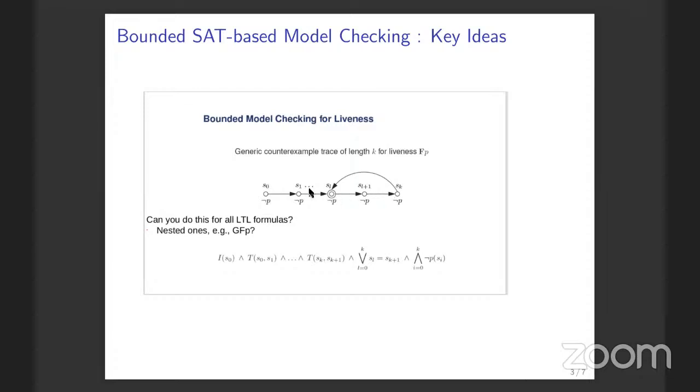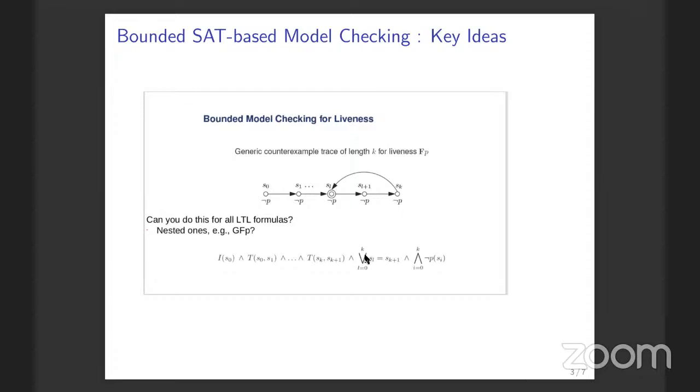This is what I call an (l, k) lasso. It is a k long lasso with the loop part looping back to the l position. And not P should be continuously true in all these states. Then you have found an infinite path on which P never holds.